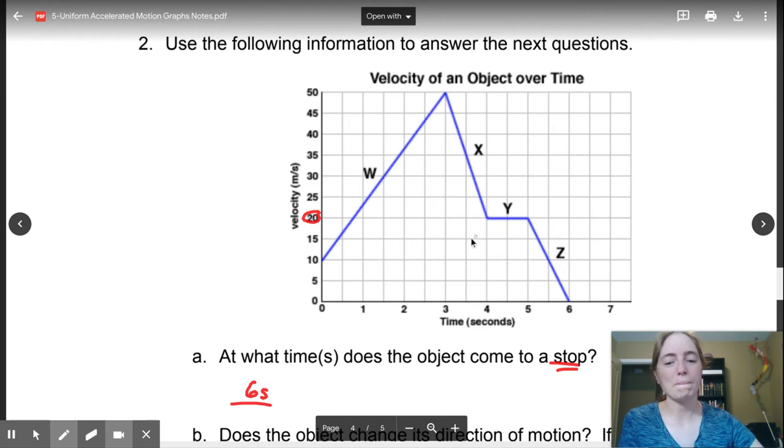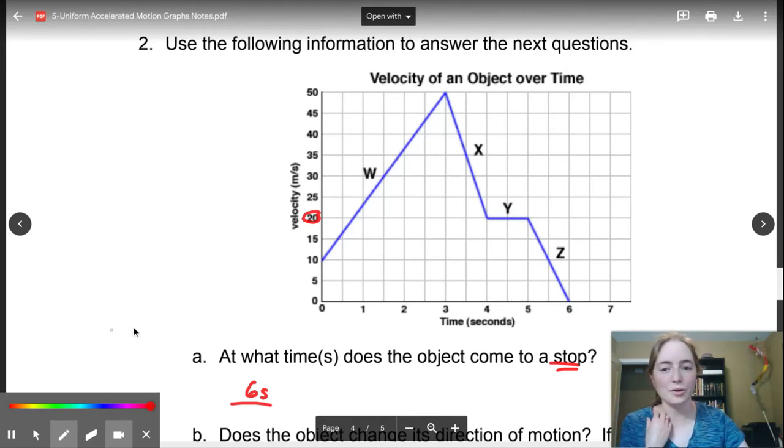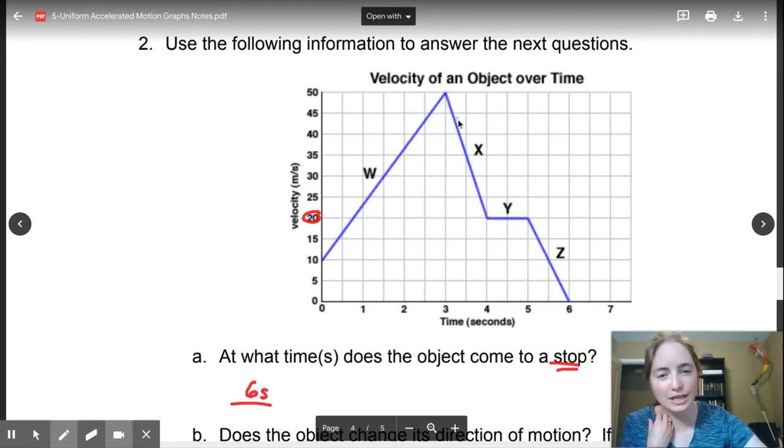So the question we have is, when is this graph slowing down? Remember, slowing down means our velocity is decreasing. So where in this graph are we having a decrease in the velocity? Good, 3 to 4 seconds and 5 to 6 seconds, or sections X and Z. Here's my velocity, the velocity is going down.